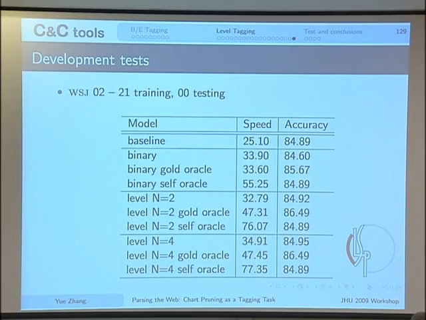By comparing binary and level tag 2, we can find that the cell oracle is much better for level tagging, which shows that we can do much better with level tagging. And by comparing the second and third row to the last row, we find that the 5 tag set achieves much better pruning effect than the previous ones. And therefore, we set the tag set to n equals 4.